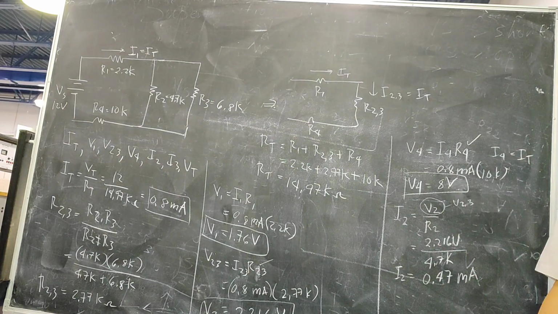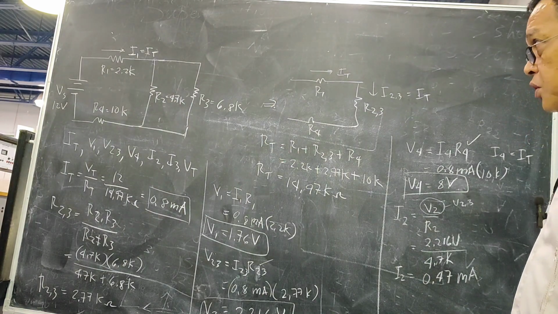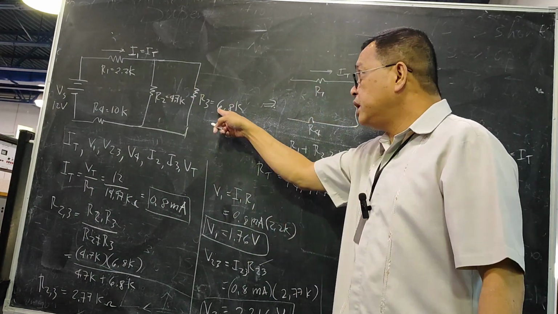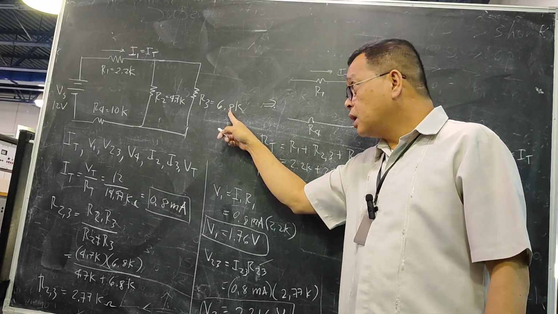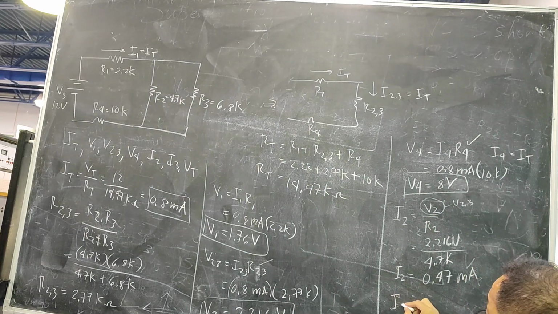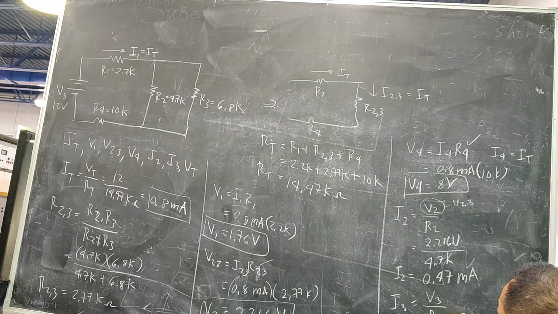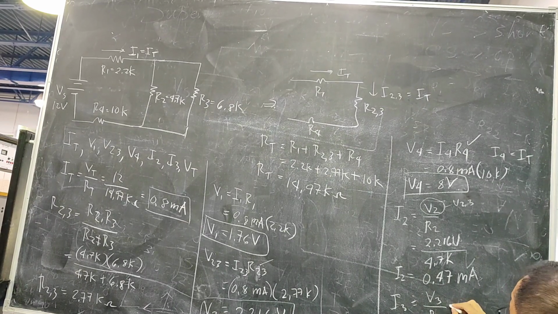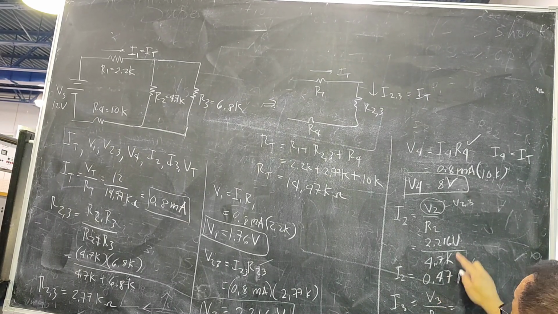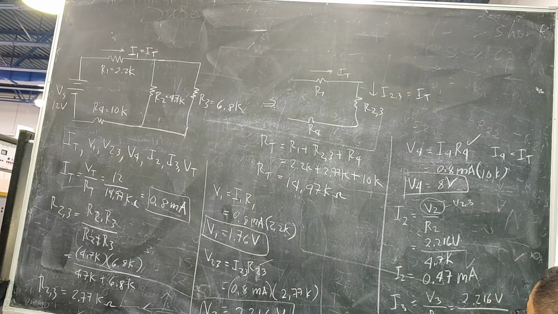All right, I3, is it the same? No, it's not the same, because it has a different resistor. The resistor is not the same, but the current... So I3 here will be equal to V3 over R3, and we know that V3 is also equal to V23, which is 2.216 volts over 6.8 kilo.